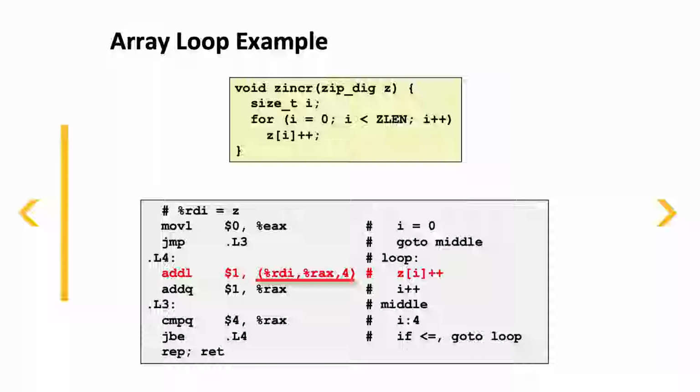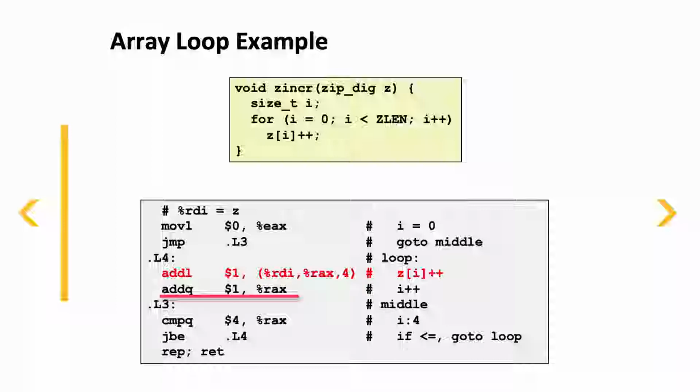We're going to take 4 times RAX. Remember, we're dealing with an integer array, so each one is 4. So we're just going to have RDI as the start of our array. We add the index times 4 to that to get to the appropriate element of the array, just like we talked about in the last slide. So we do that, and that add just increments that element of the array.